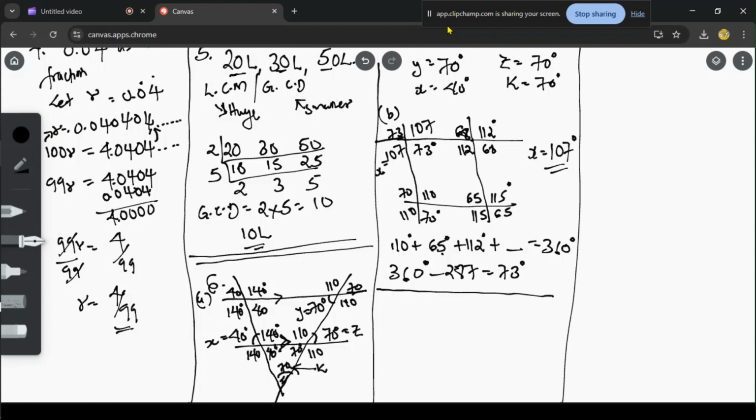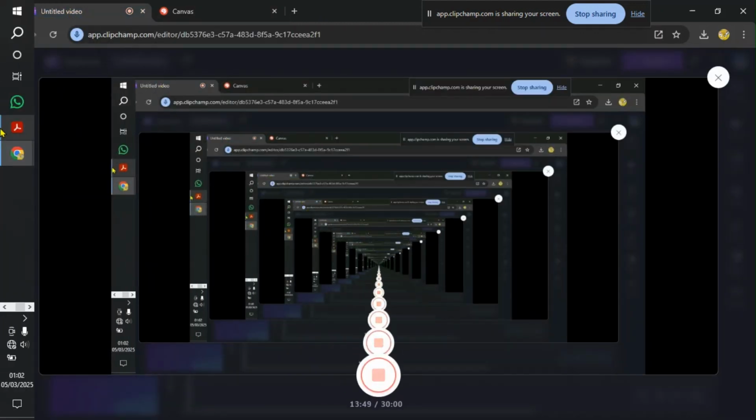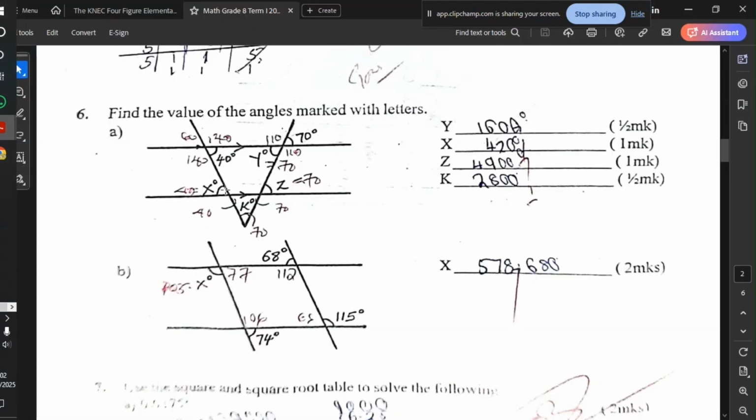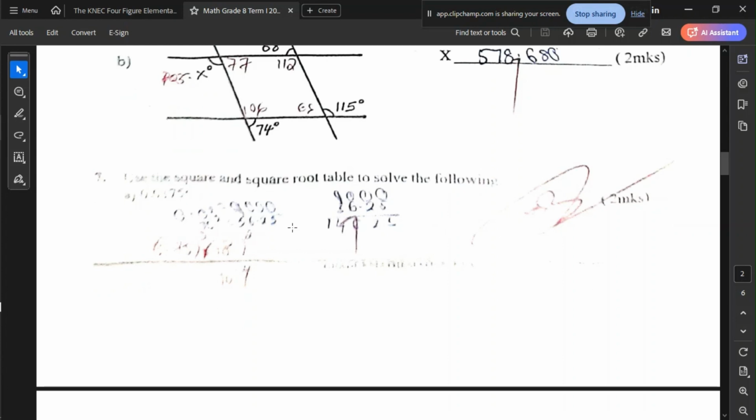Number 7. If I read for us, number 7, the question here is: use the square and square root table to solve the following.